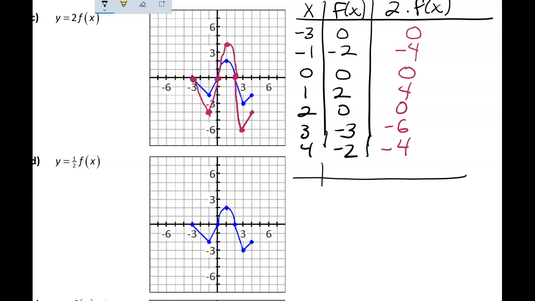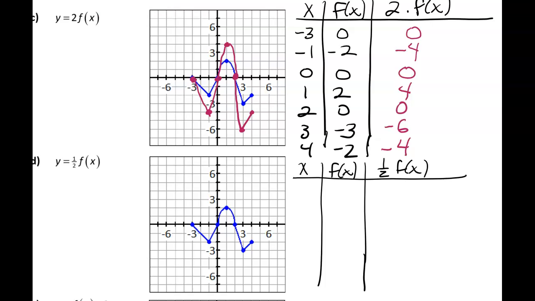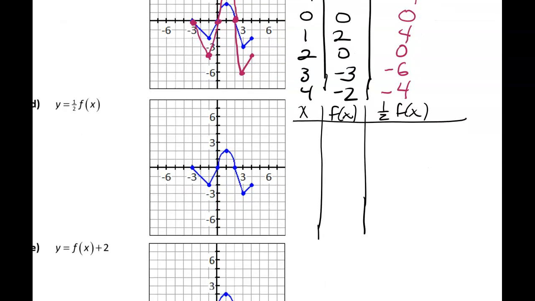We're going to start it exactly the same way with x and f of x columns. And then our final column will be 1/2 times f of x. I think you can probably guess what this one's going to look like. So starting with -3, 0, -1, -2, 0, 0, 1, 2, 2, 0, 3, -3, and 4, -2.